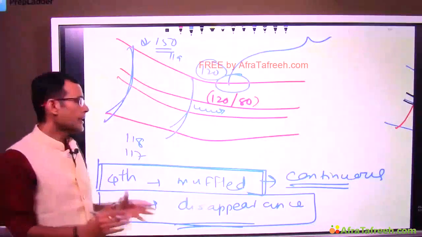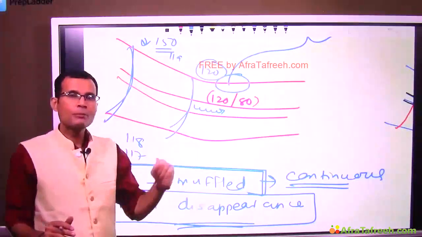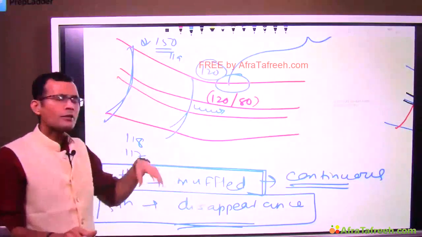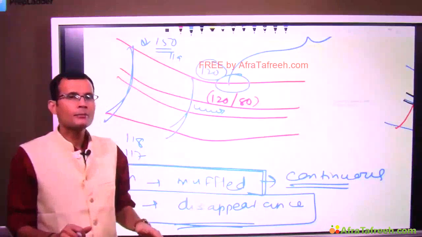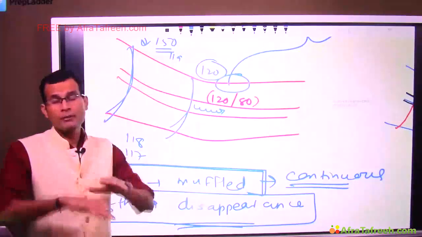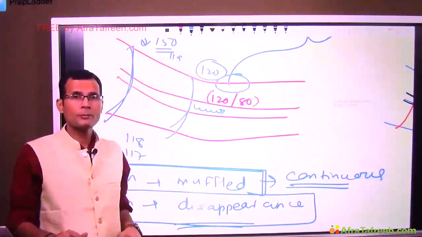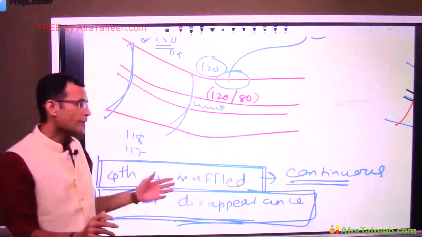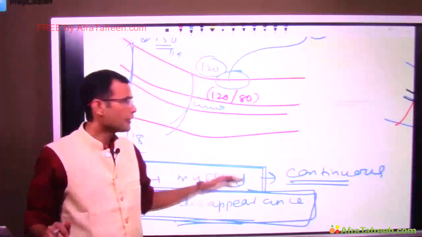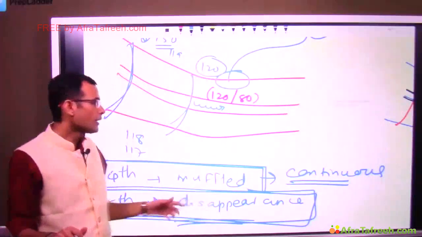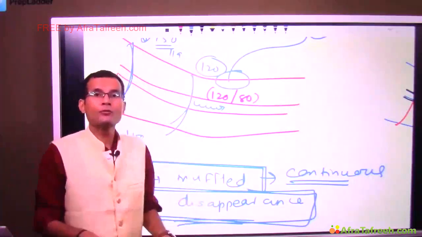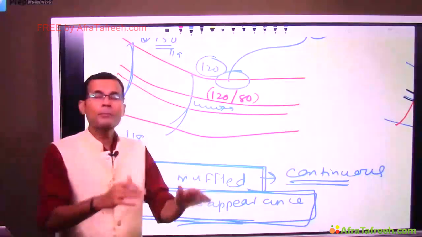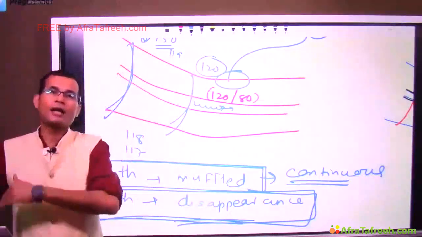But everybody cannot denote the muffling correctly. Muffling cannot be noted very accurately by all the people, and therefore there will be discrepancies in noting the blood pressures, and therefore we take disappearance of sound as the diastolic blood pressure, but actually it should be muffling. In fact, disappearance of sound means that the blood flow again becomes laminar.